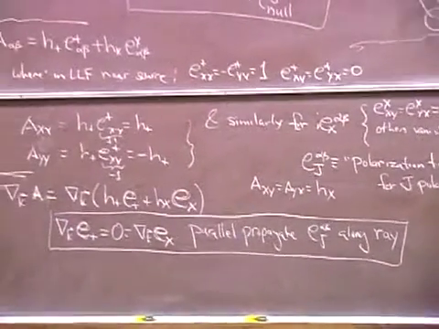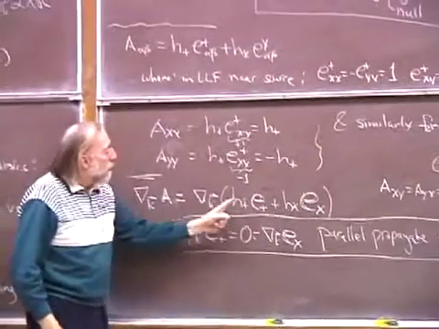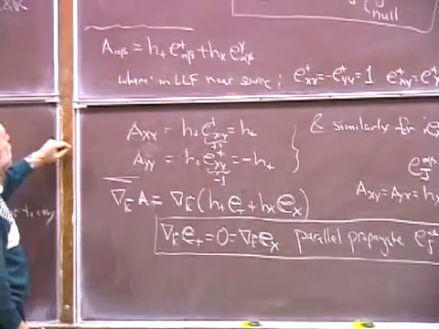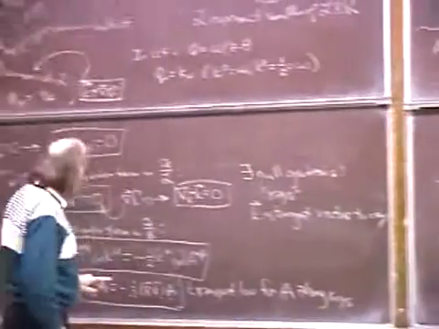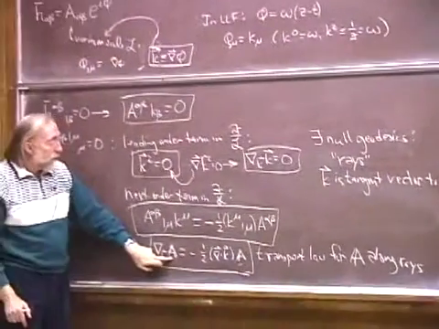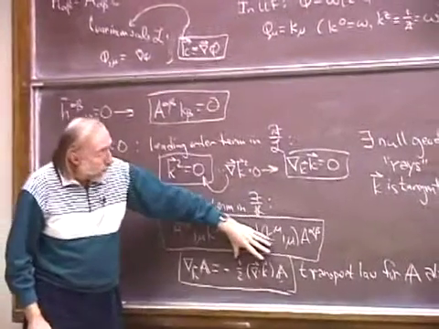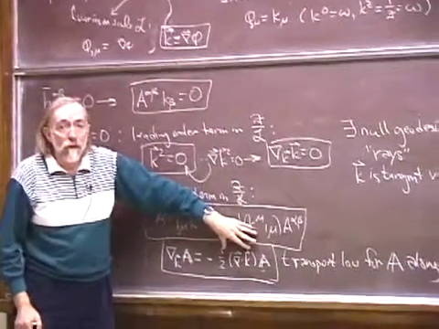Well, if that's the rule for how the E's are propagated, then if I go back to my propagation equation for the gravitational wave amplitude, I see that H plus and H cross must be the guys that take care of this term involving the divergence of K.